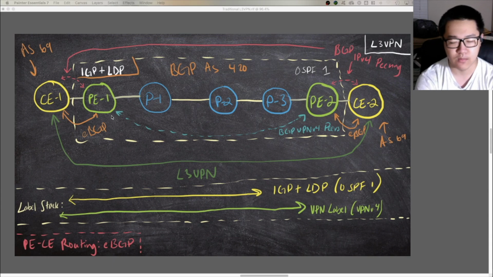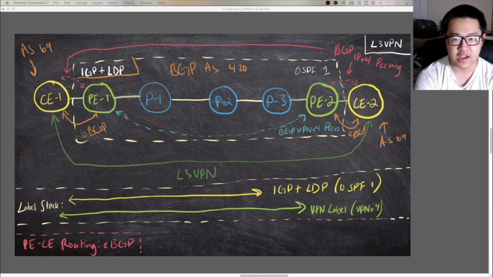So if we had multiple PEs here, multiple IBGP VPNv4 peers, we would have to configure a route reflector. But in this given topology, we only have two provider edges, so that works. It's just a noteworthy example to highlight in terms of needing IBGP route reflectors when you're doing VPNv4 over IBGP.